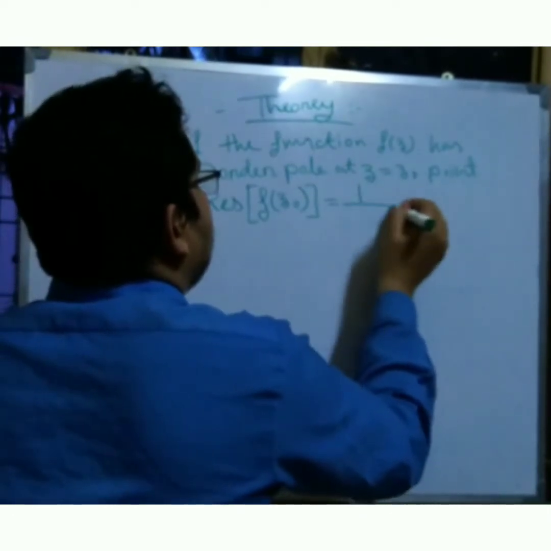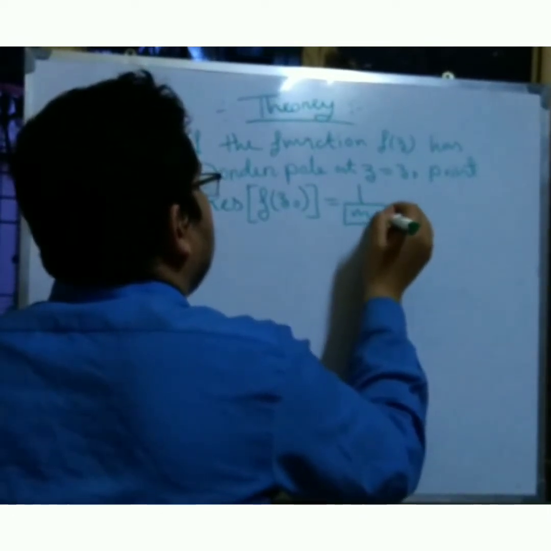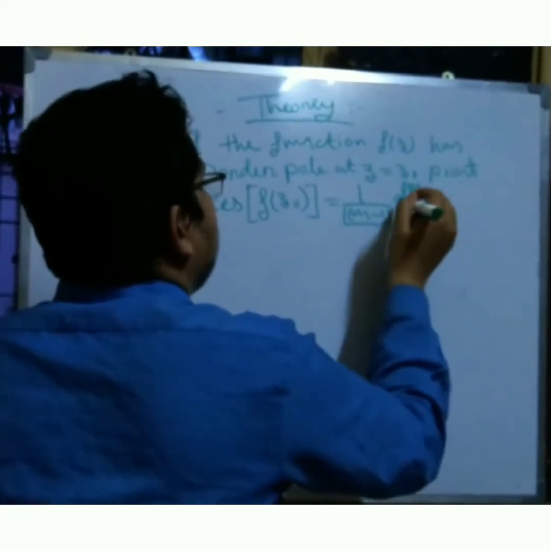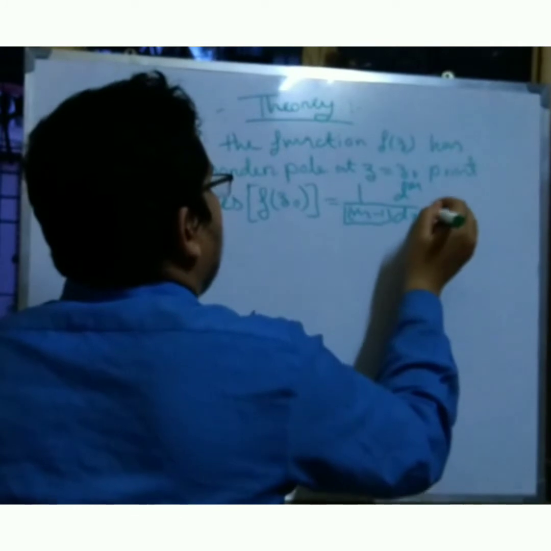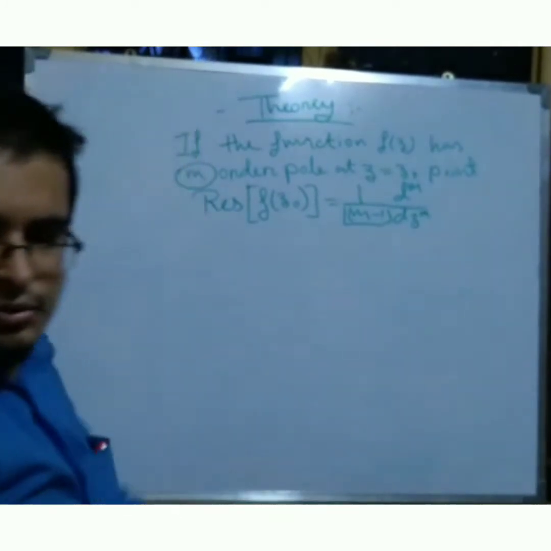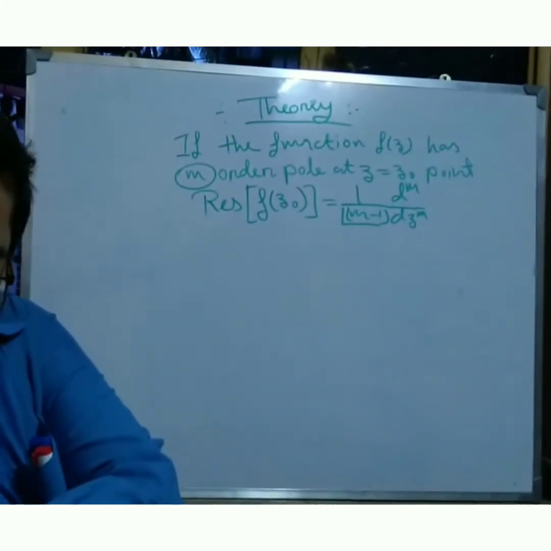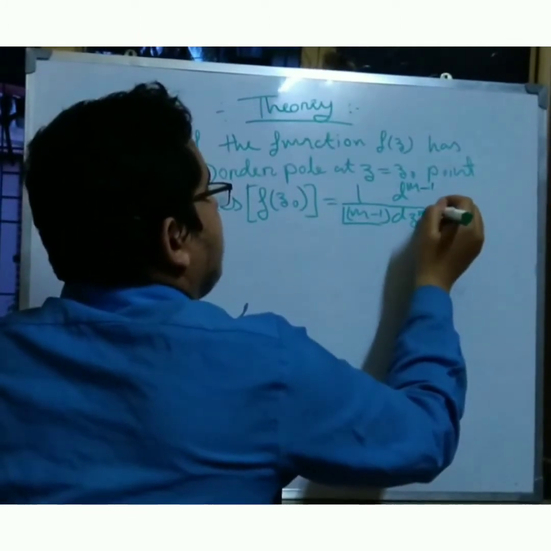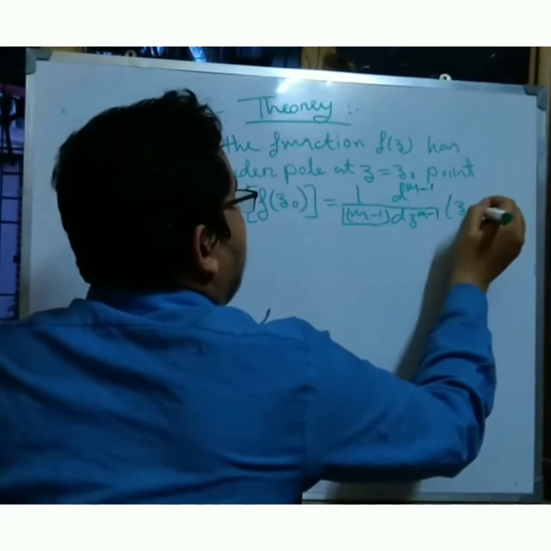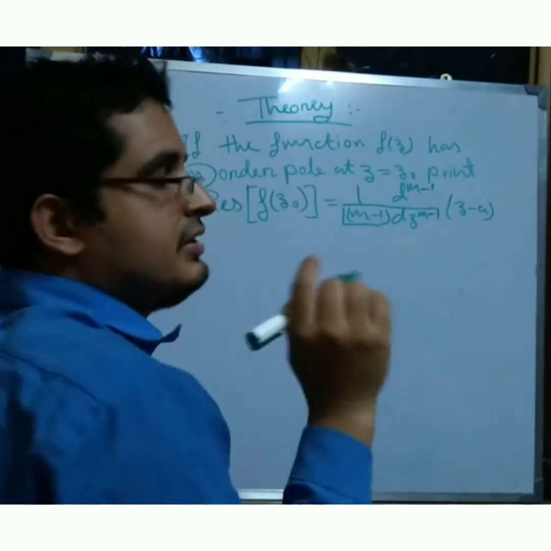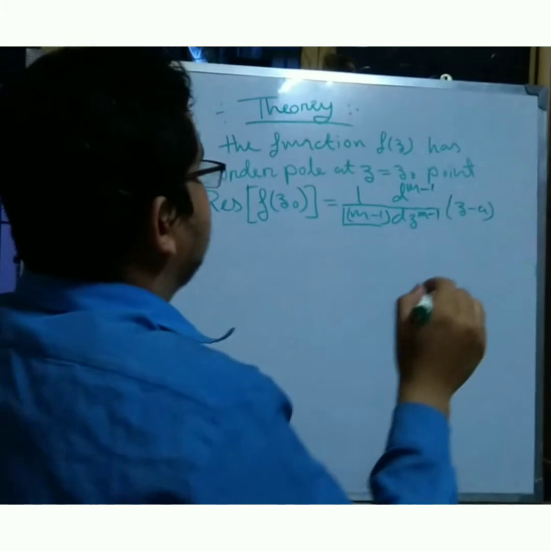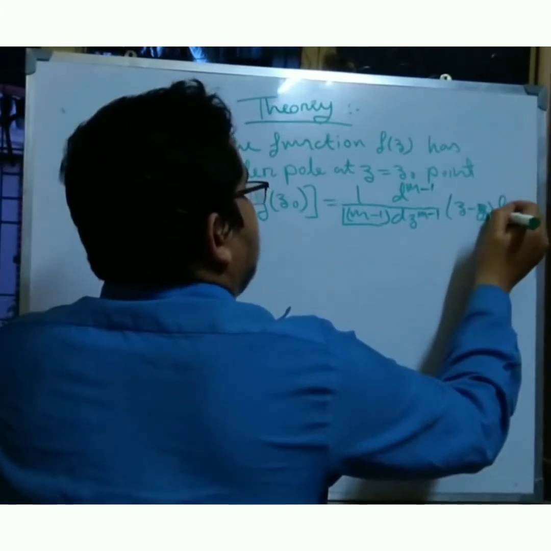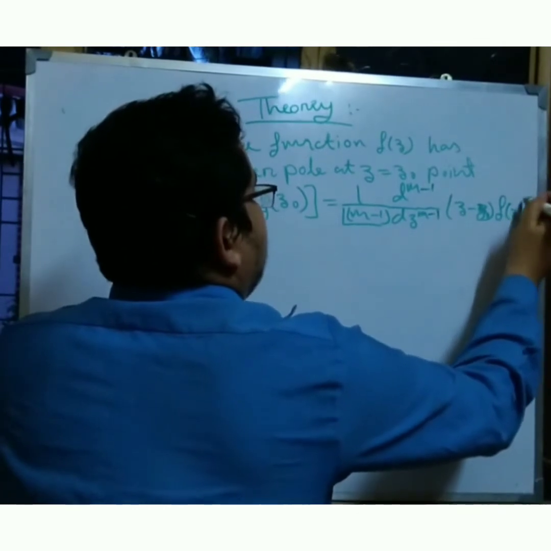So the formula is 1 by (m minus 1) factorial, d to the power m minus 1 by dz to the power m minus 1, of (z minus z0) to the power m into f(z).